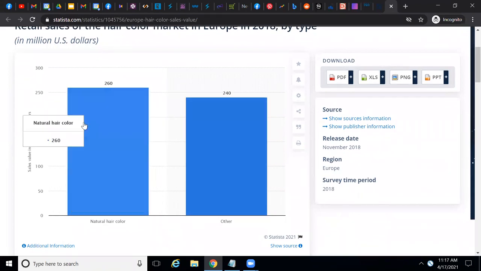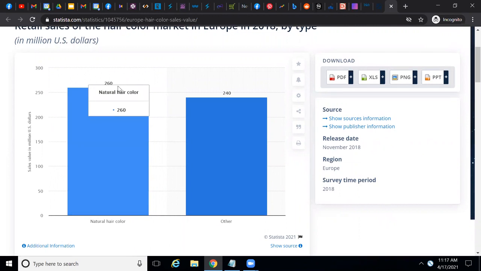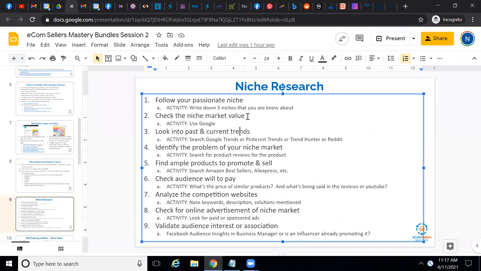So they are clearly spending over $260 million in natural hair care products, hair color products. So going back to our little checklist here, is there a niche for this market? Does it have any value? Somebody tell me, is the answer yes or no? Does this market have any value?